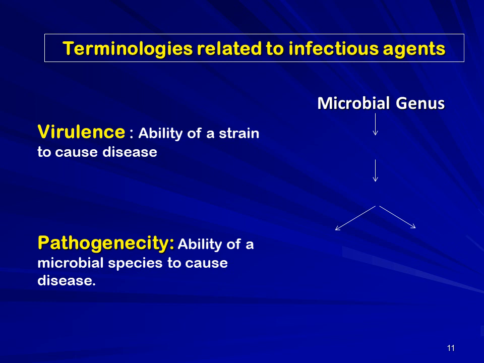So every microbial genus will have many species, and each species will have a number of strains. Among those strains, some can produce the disease, some can't. So the strains which are able to produce the disease are known as virulent strains, whereas the strains which are not able to produce the disease are known as avirulent strains.